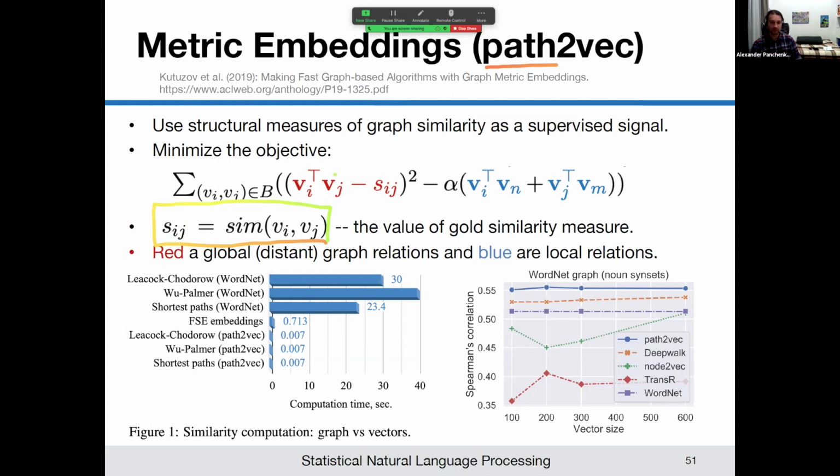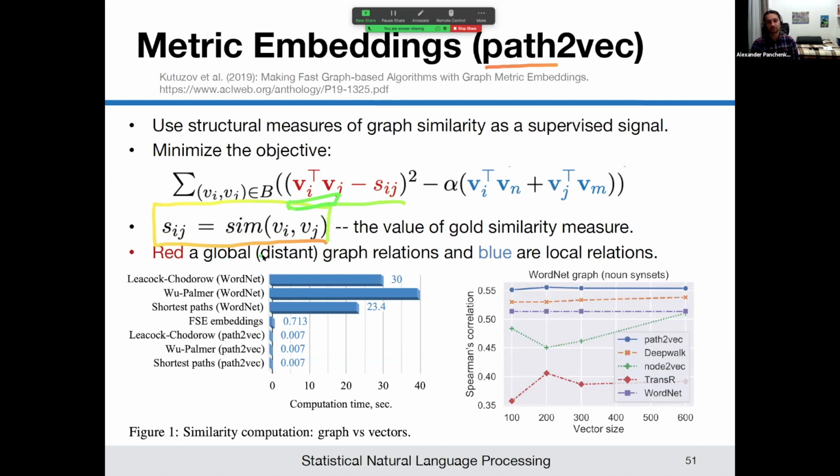And then what you're going to do is minimize the objective, where you learn such an embedding that minimizes the squared loss between the dot product of these two embeddings and this target similarity value.